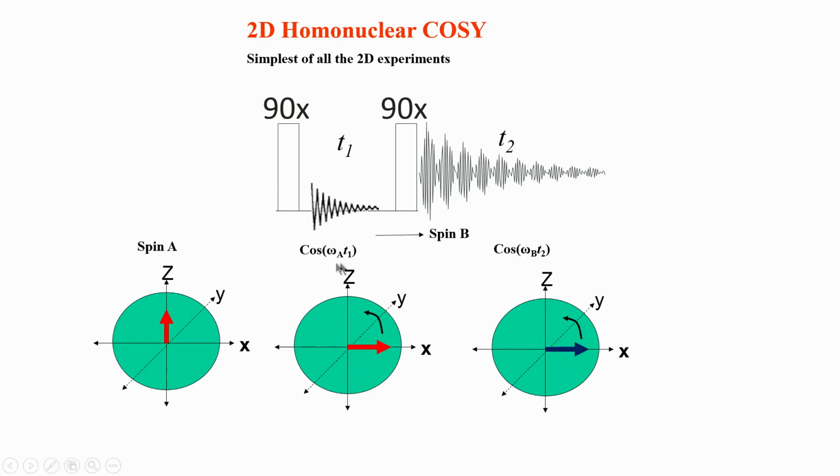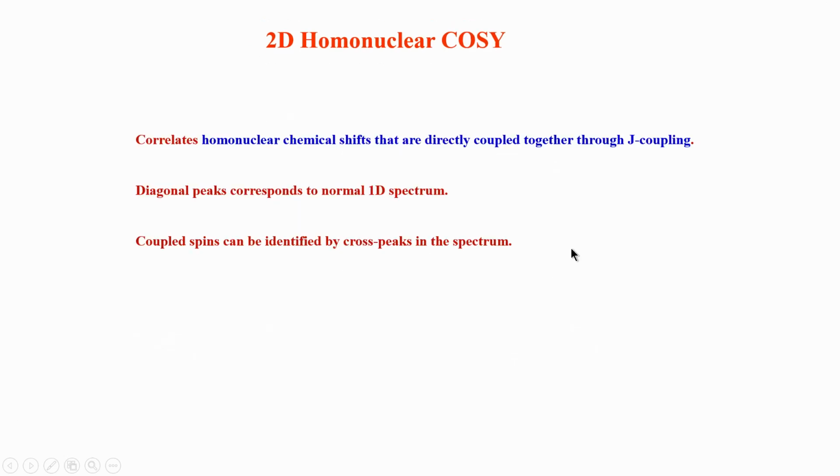Now, if you look at it from the B point of view, you will have a term called cosine omega B into T1, because A and B are equal and same, and during this T2 you will have cosine omega A into T2. So, A and B will be reversed during T1 and T2, and these two are the cross peaks which we saw in the previous slides.